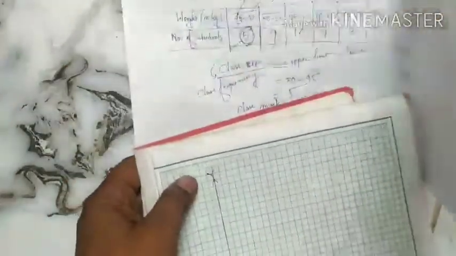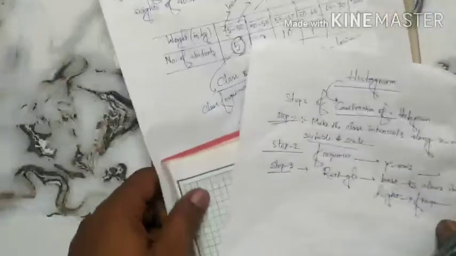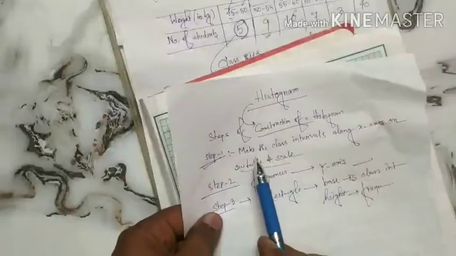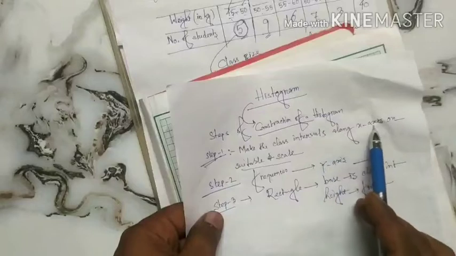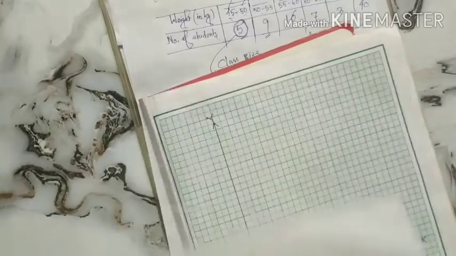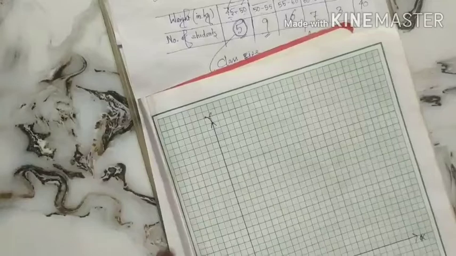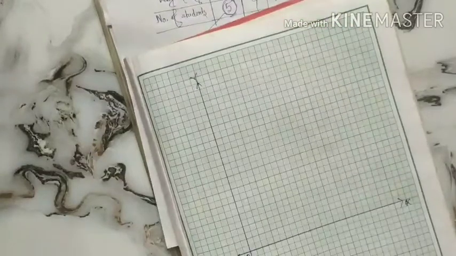Now make the class intervals along the x-axis on a suitable scale. I already discussed in my first video how to draw a bar graph.